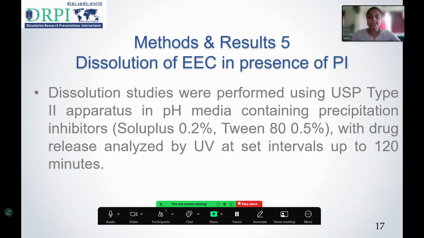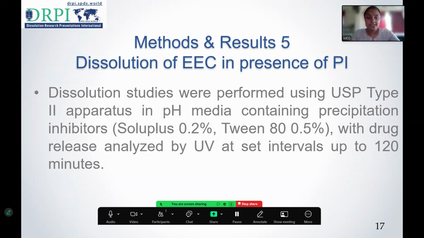As there is only 36% drug release by the co-crystal in 2 hours, further enhancement of the dissolution was attempted in presence of precipitate inhibitors, which were added to inhibit the precipitation of the drug.